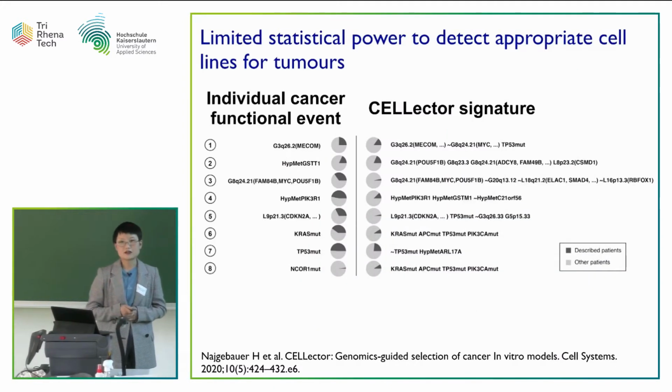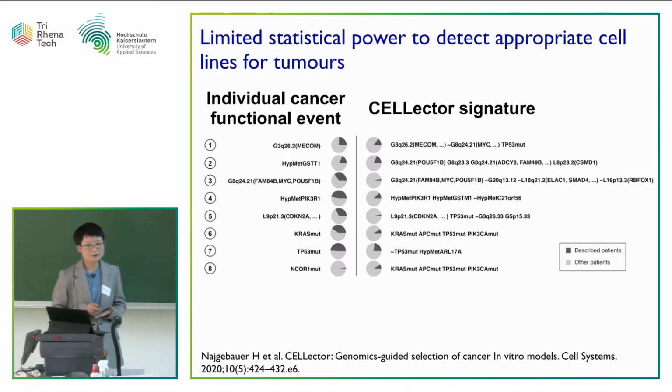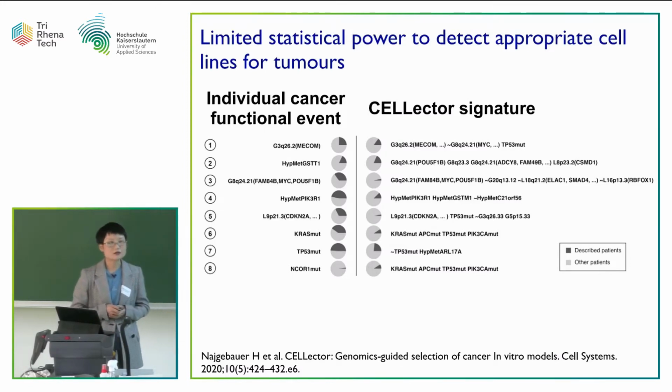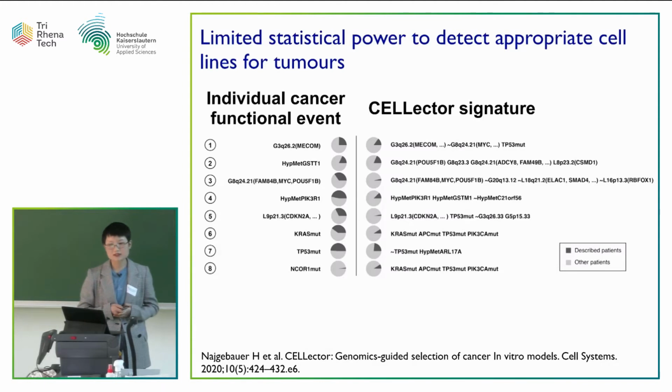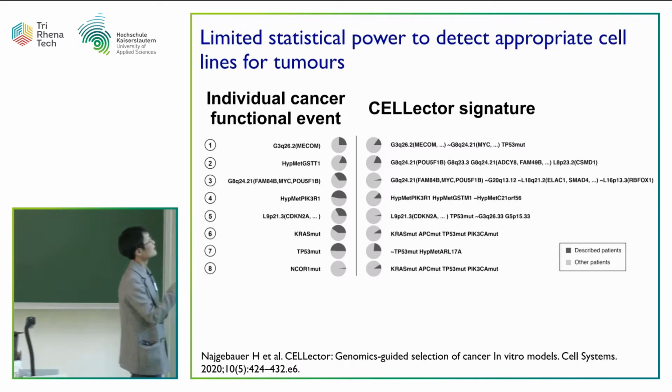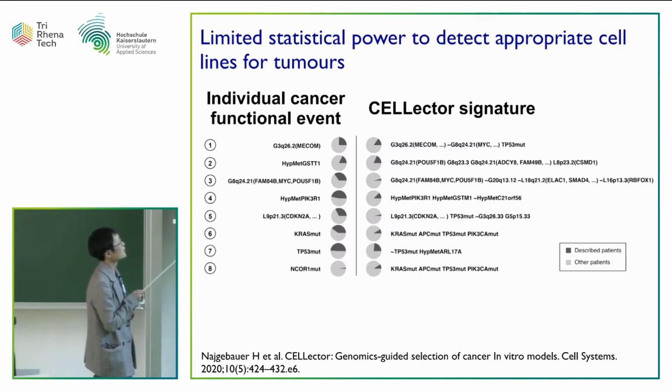due to the patients or the cell lines harboring the same mutations, their frequency is very low. For the single driver events, shown in the left pie chart, as you can see, the frequency is very low for most of the single events.